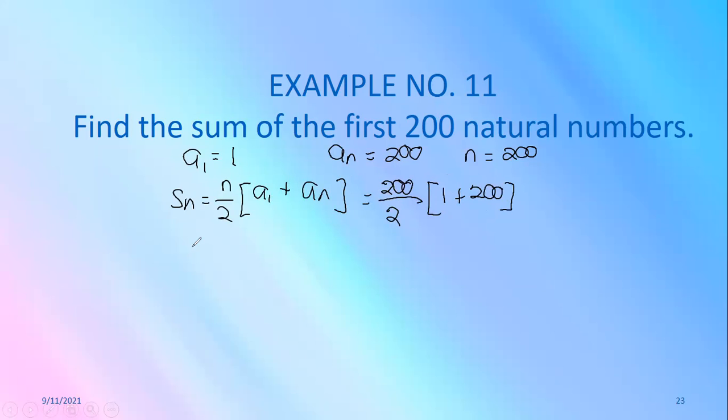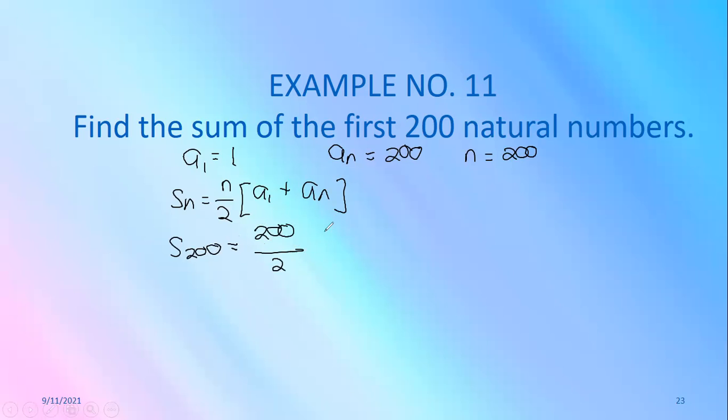Okay, so ito yung sum of 200. Rewrite ko lang. So 200 over 2 multiplied by 1 plus 200. Okay, so this is equal to 100 multiplied by 201.